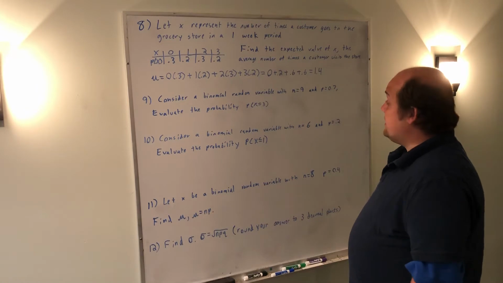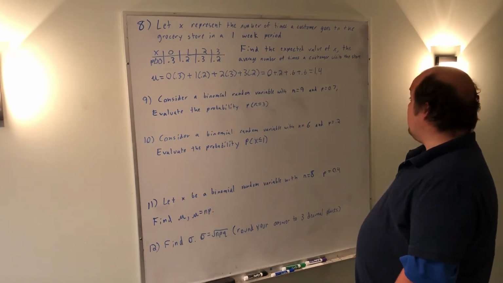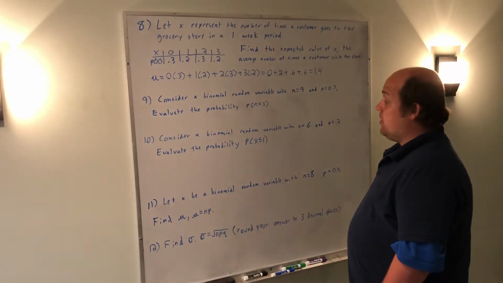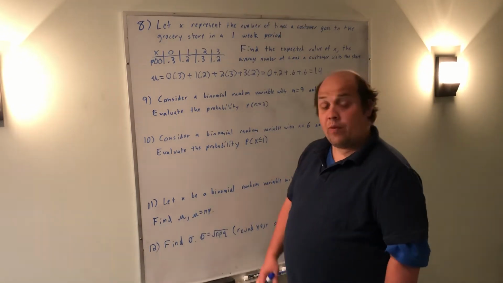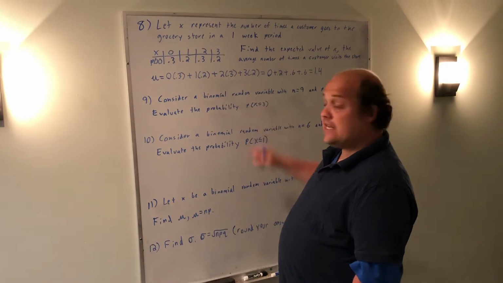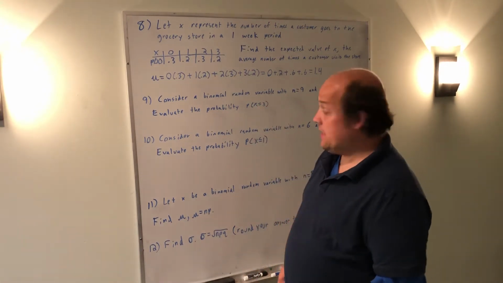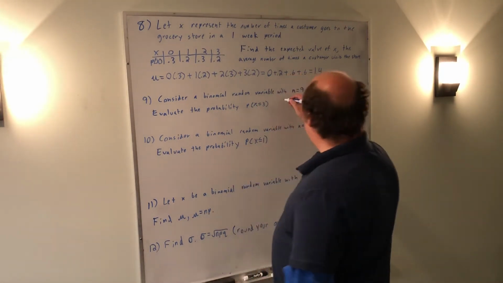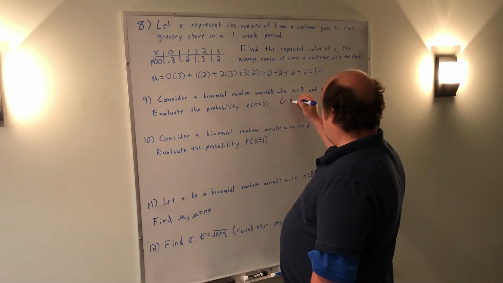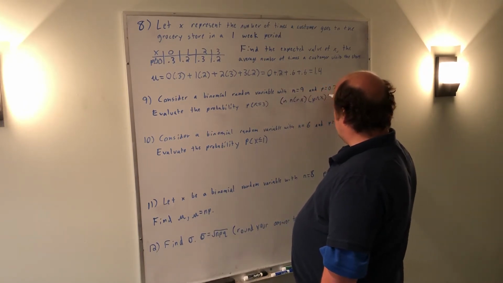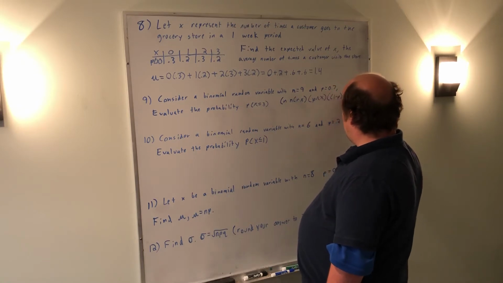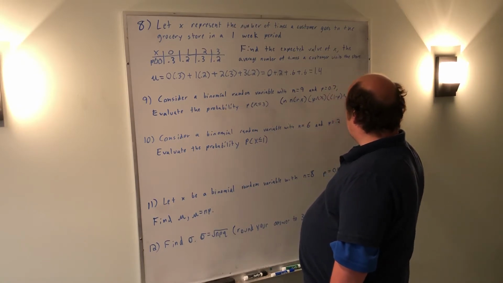Question 9 says, consider a binomial random variable with n equals 9 and p equals 0.7. Evaluate the probability that x equals exactly 3. When we have an exact number where it just says x equals, we just have to run the formula one time. The formula, remember, is n NCR x, p to the power of x, 1 minus p to the power of n minus x.